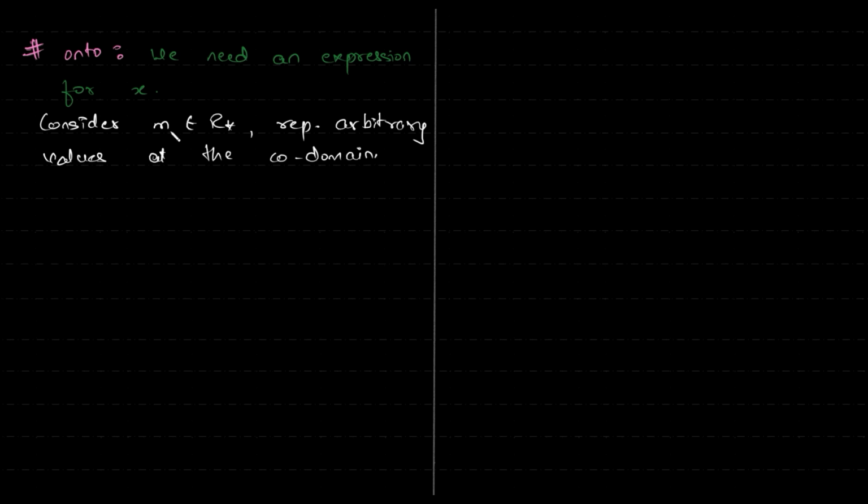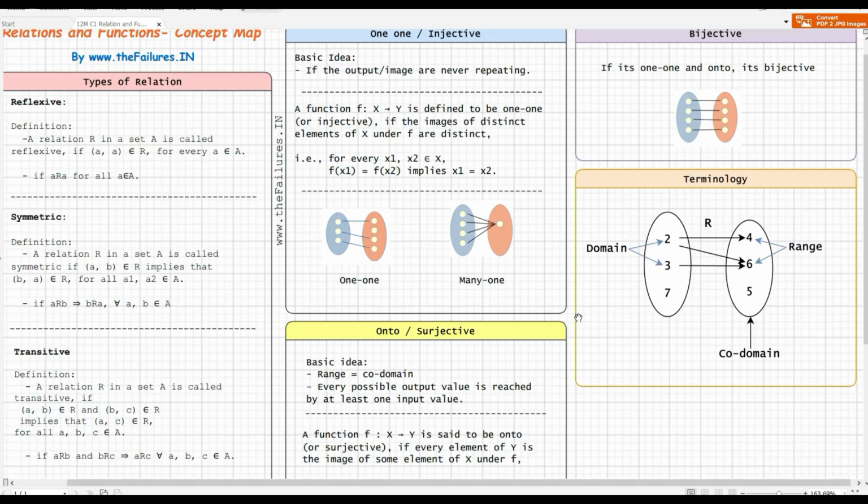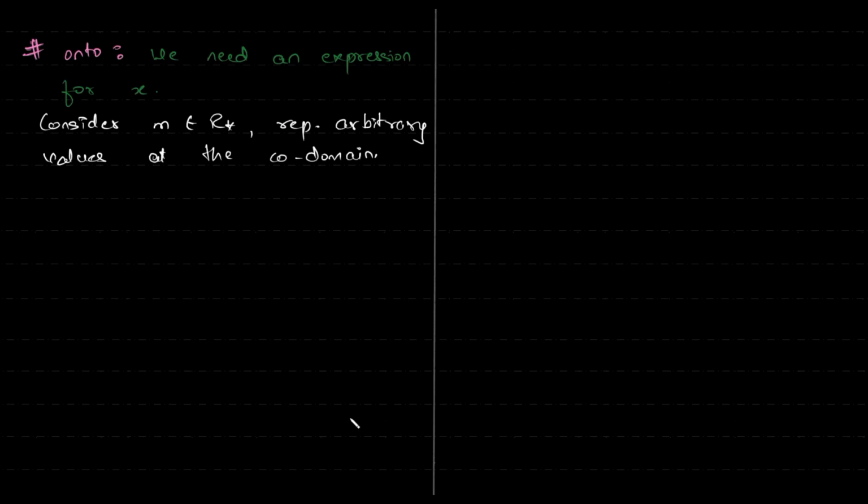So we are taking m to represent all of the possible output values. Now we can write f of x as m, because that's what we are talking about. So what is f of x? f of x is 1 by x, which is equal to m, and this can be re-expressed as x is equal to 1 by m.